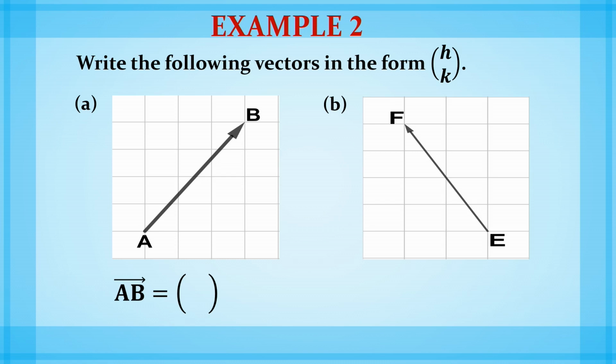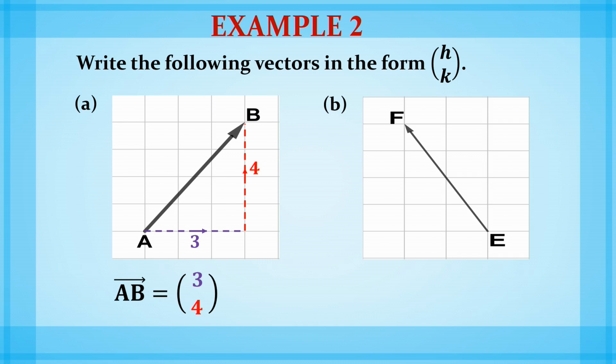Remember, first consider the horizontal movement from the starting point A, which is 3 units to the right, implying the horizontal component is 3. Next, we look at the vertical movement. Here it is 4 units upwards. Thus, the vertical component is 4.